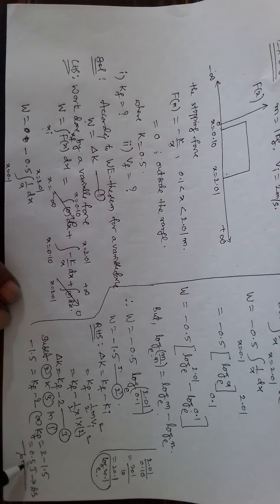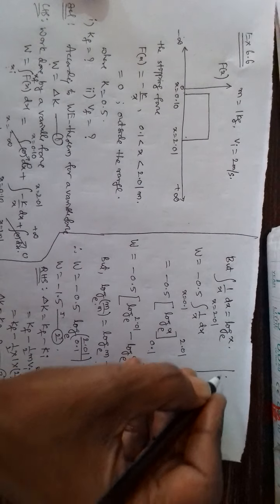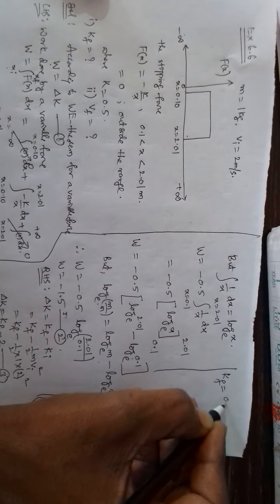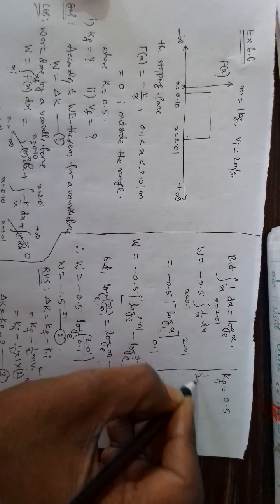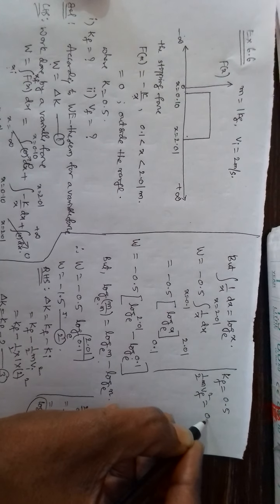Making use of this value, we can find it. Kf is equal to 0.5. Final kinetic energy means half m Vf square is equal to 0.5.